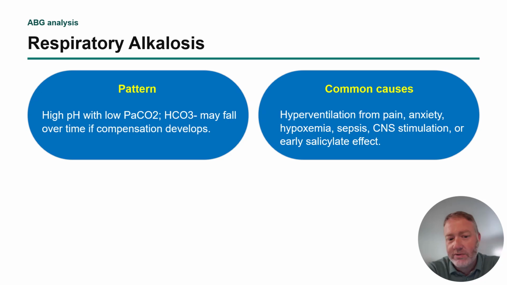But common causes for respiratory alkalosis: hyperventilating, and that can be from any number of things. So pain, anxiety, hypoxemia is a big one, sepsis, CNS stimulation, or an early salicylate effect.